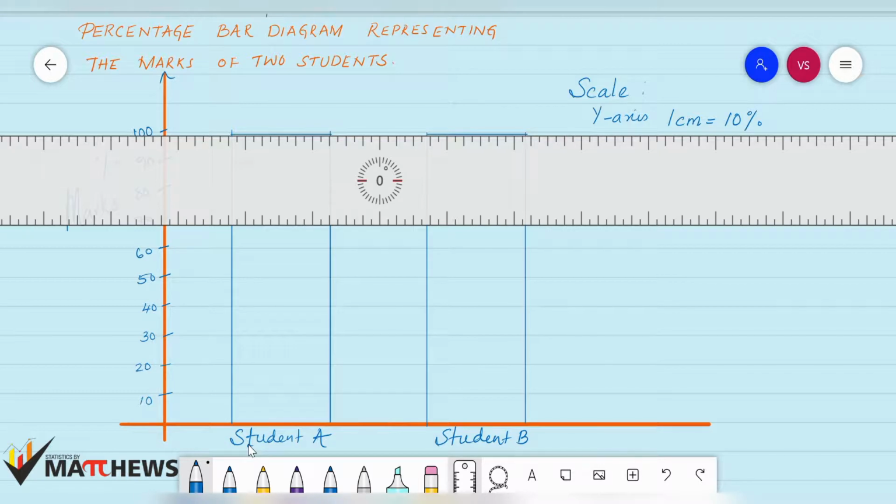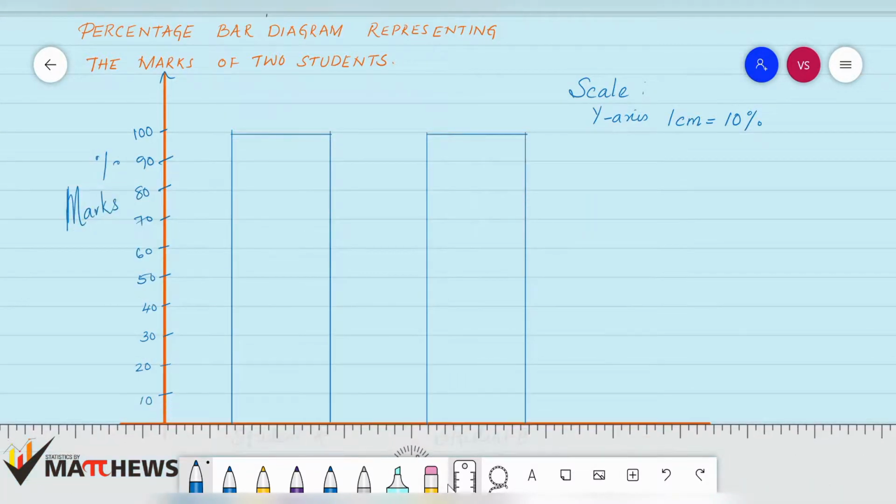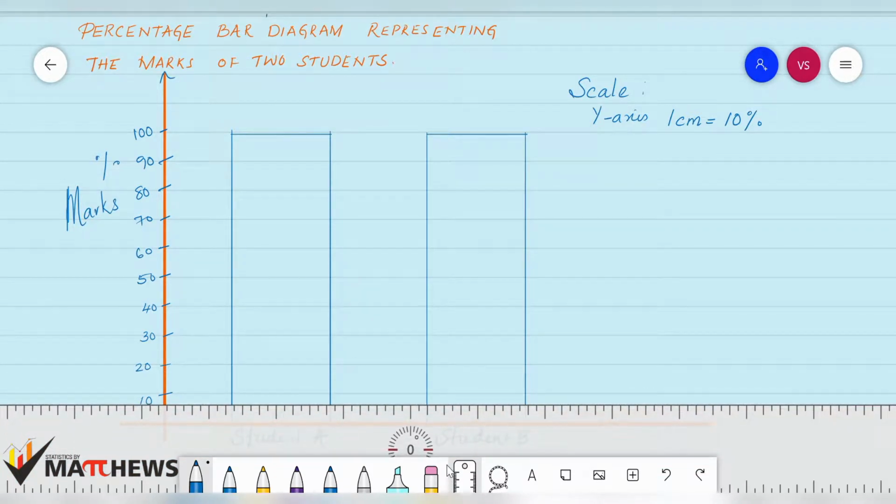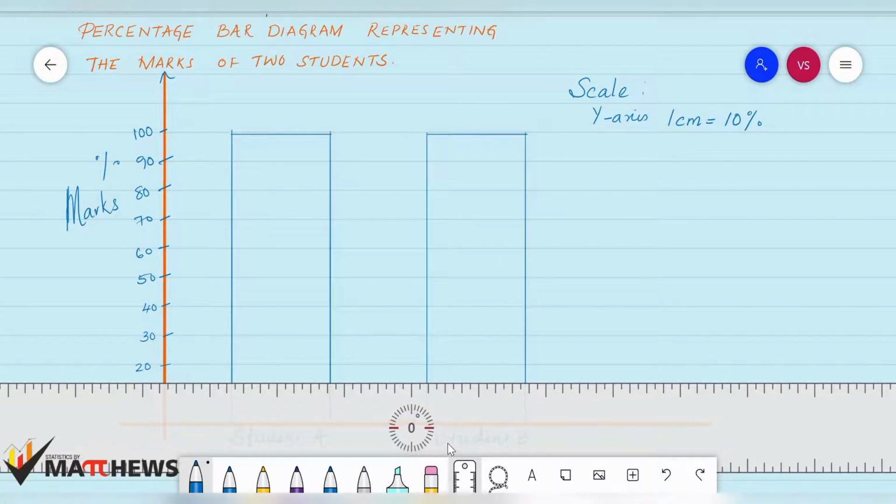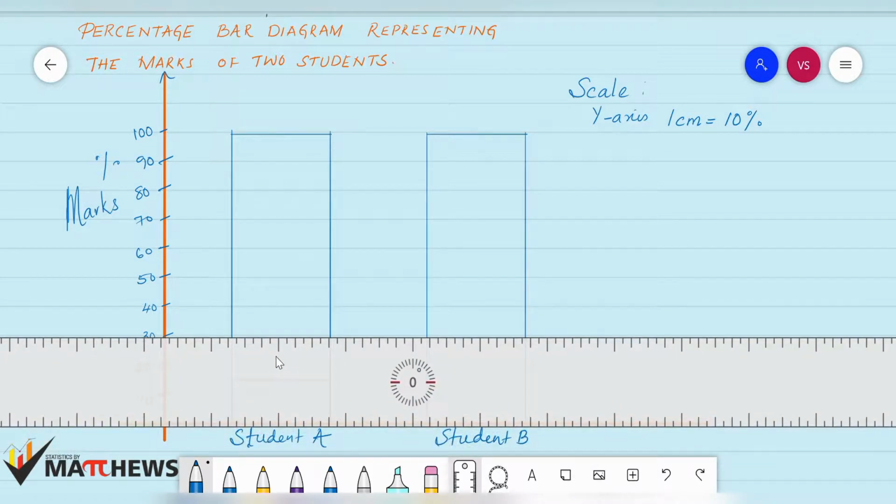Let's start with the first one, marking of which subject, Kannada. So the percentage is 14. I'll mark this as 14. The next added 16 marks to it, and the total became 30. So I'll be marking it at 30. For 30, the next mark added is 18, so it will become 48.